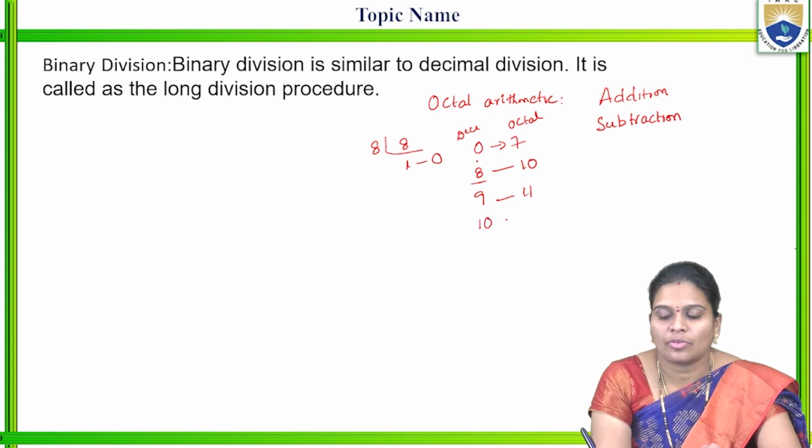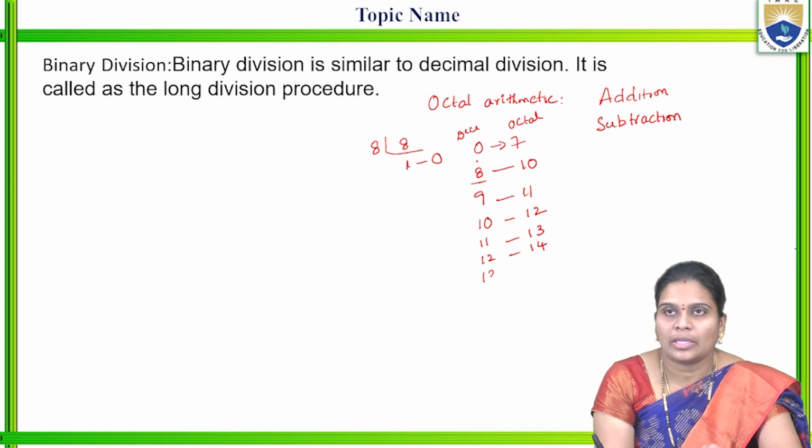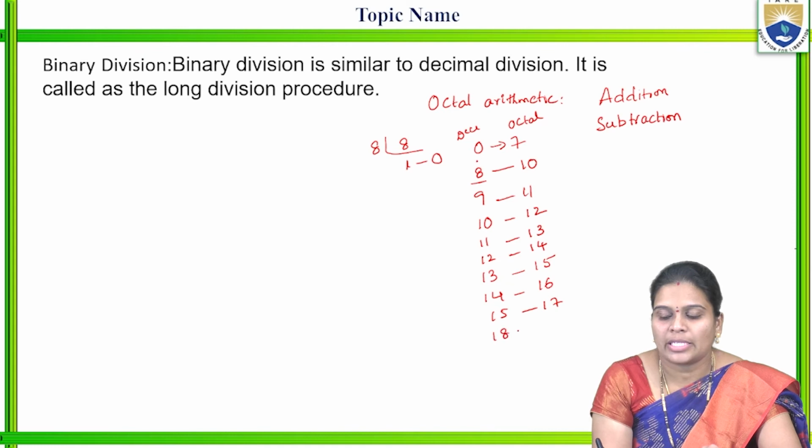Next one: 10 is 1, 2; 11 is 1, 3; 12 is 1, 4; 13 is 1, 5; 14 is 1, 6; 15 is 1, 7; 16 is 2, 0. So why are we getting 2, 0?